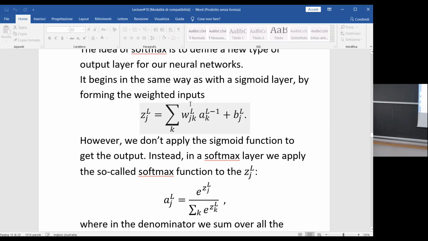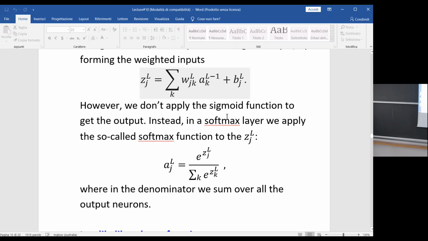It begins in the same way as with a sigmoidal layer, by forming the weighted input like before: z_j^L is the weighted sum of the outputs from the preceding layer plus the corresponding biases, in any neuron.